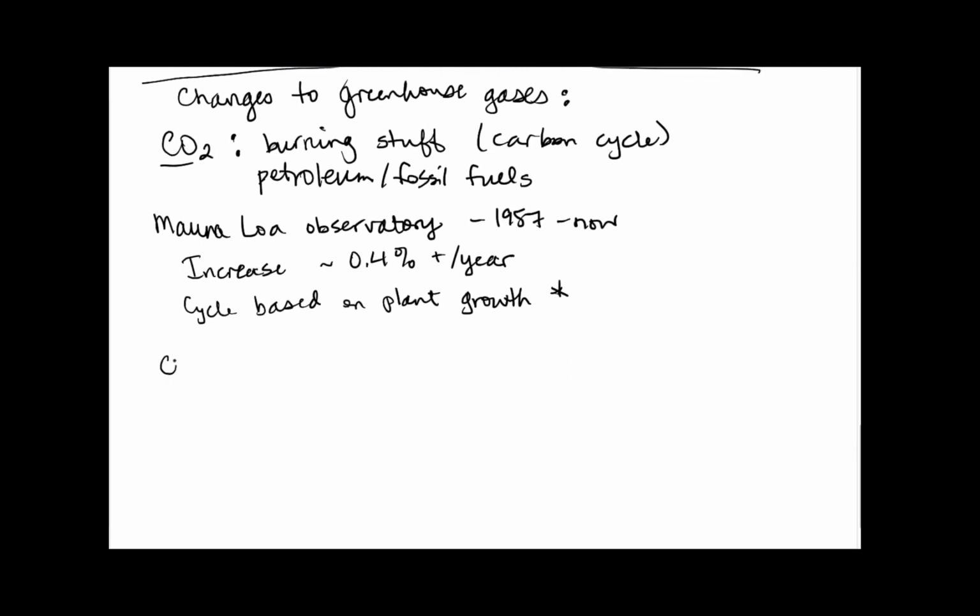Okay, so let's talk a little bit about methane as well. Oh, wait, I did want to talk about some sources, just in case. Here's our sources. And we can also talk about other sources of carbon dioxide, or lack of carbon dioxide uptake, such as changes in land use.